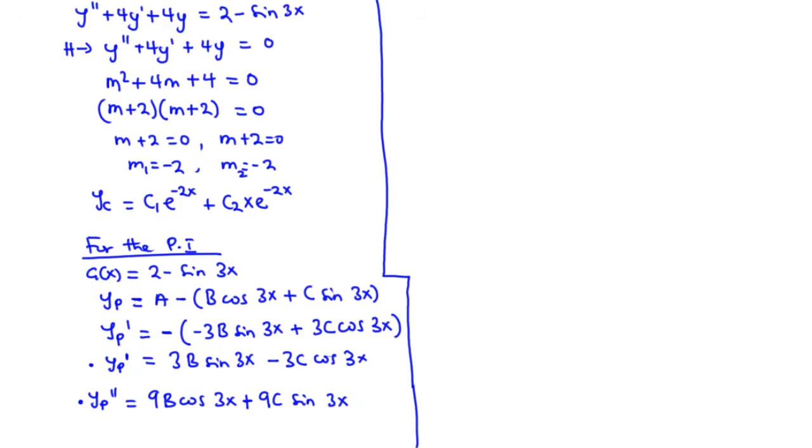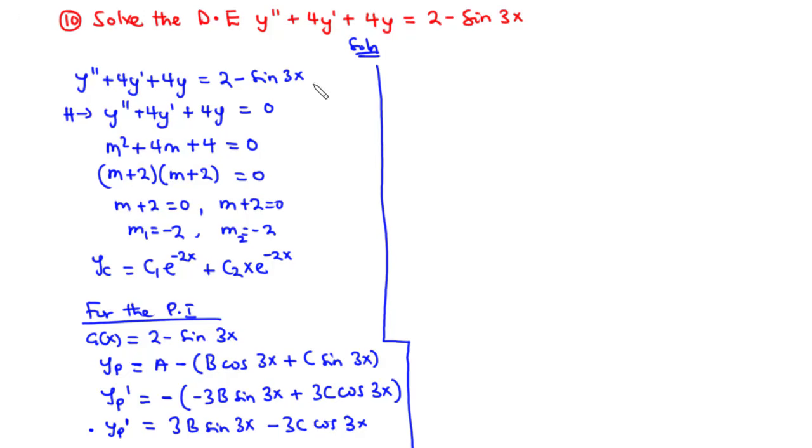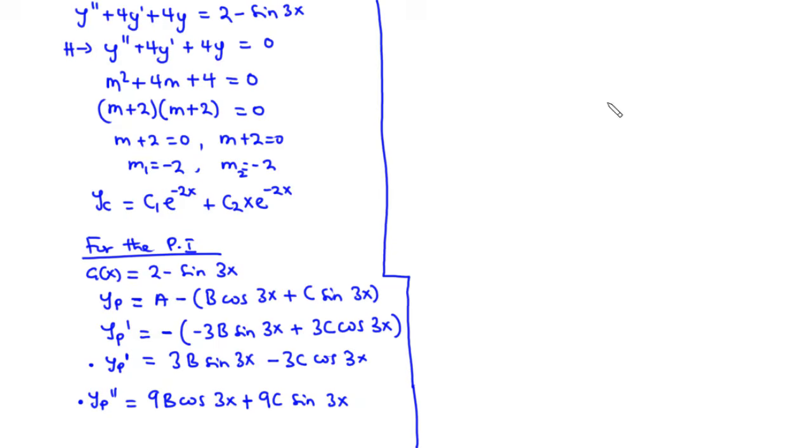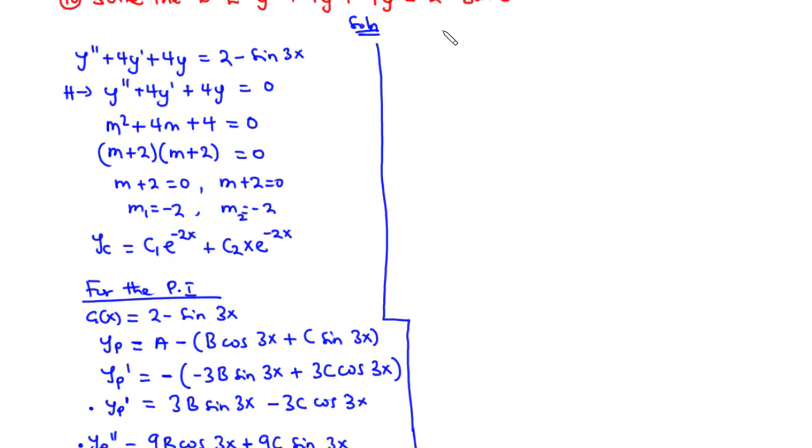So from the differential equation given, we are going to have yp prime prime, which is 9b cos 3x plus 9c sine 3x plus 4 times y prime. Now we have y prime to be 3b sine 3x minus 3c cos 3x. So 4 times 3 is 12. So 12b sine 3x minus 4 times 3 is 12.